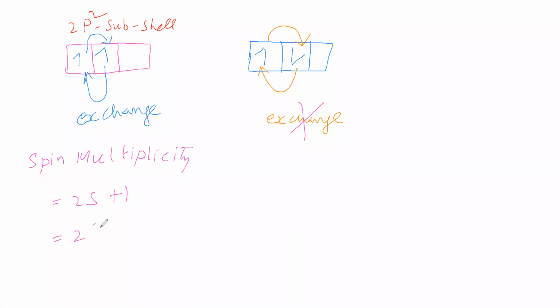Substituting that 1, 2 into 1 plus 1 gives spin multiplicity 3 here. Here, if we take clockwise spinning as plus half and anti-clockwise spinning as minus half, the total is 0, therefore 2 into 0 plus 1 equals 1. Spin multiplicity is 1 as per this. It is not possible actually. This is the only possible one.